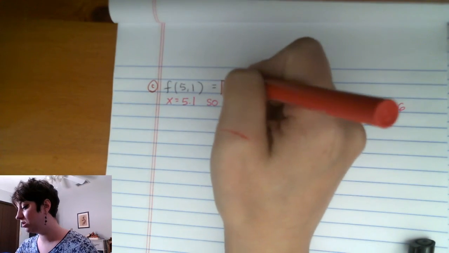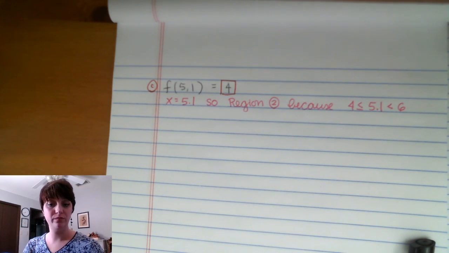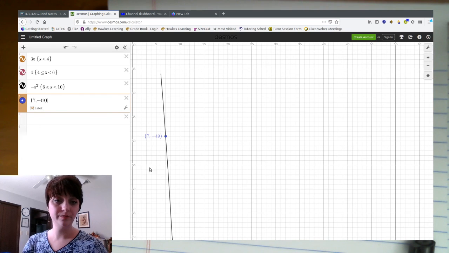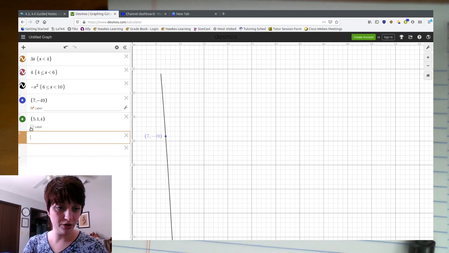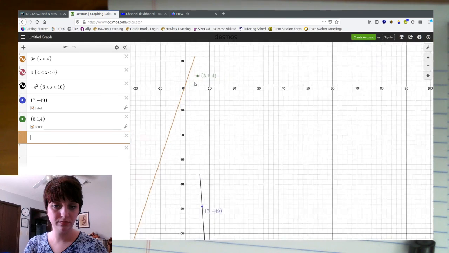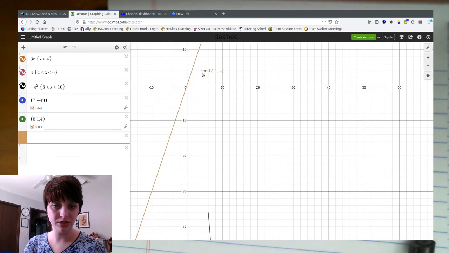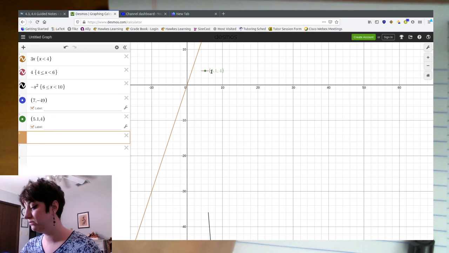So in goes 5.1, out comes 4, which means that the point 5.1, comma 4 should be on our graph, which it is, right? Right here. It's my little constant part. All right, so let's do D.